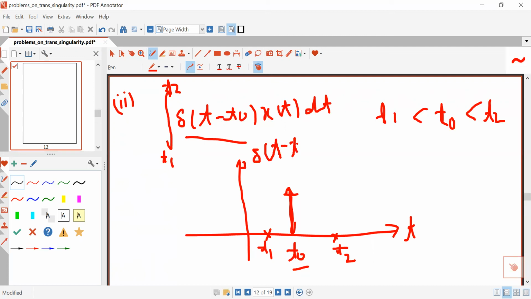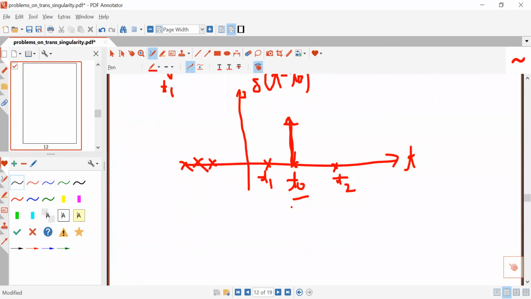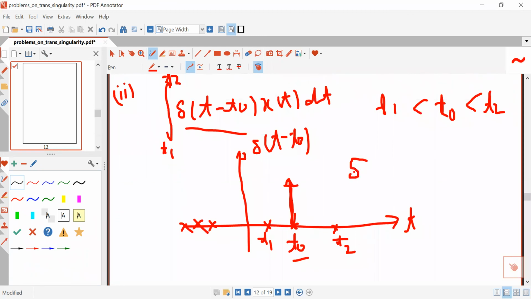Now, from the definition of the unit impulse signal, you can say this impulse signal is not defined at t equal to t naught. And except at t equal to t naught, everywhere the value of delta t minus t naught will be 0.